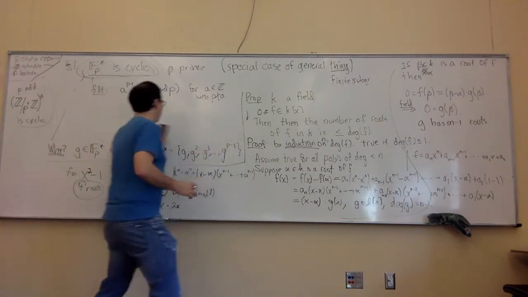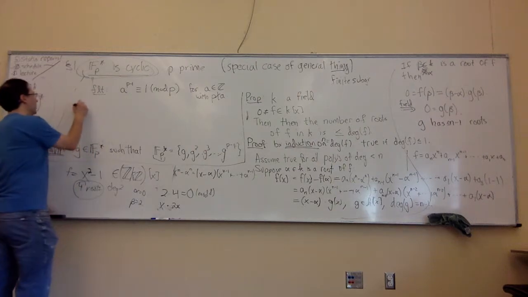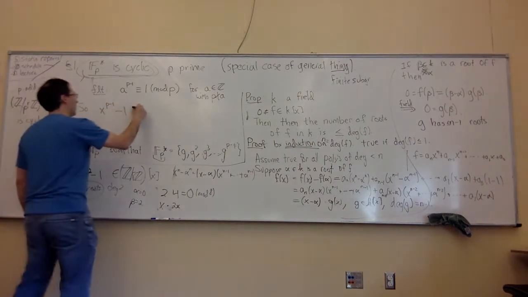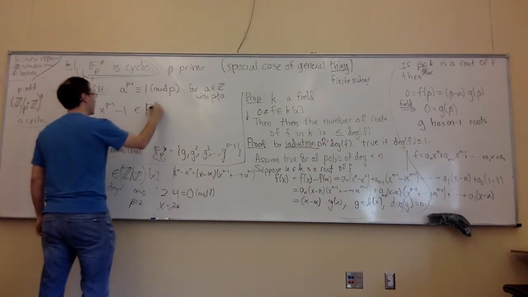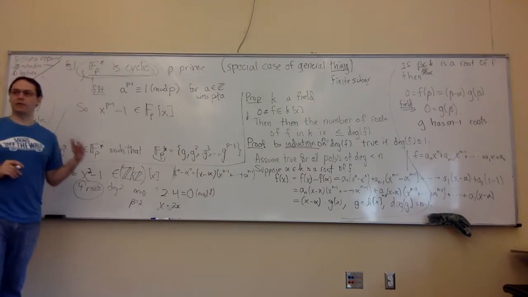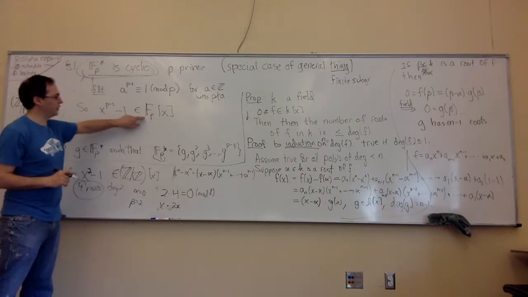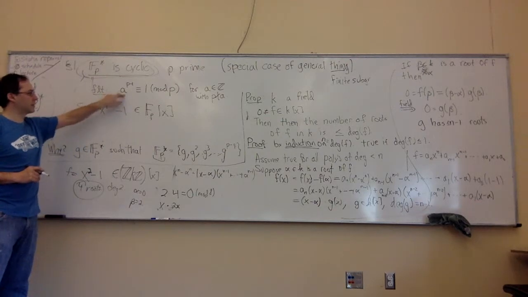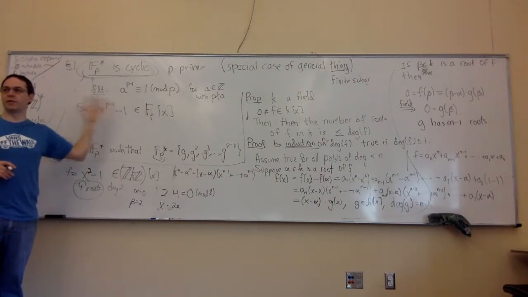Well, it tells us that the polynomial x to the power of p minus 1 minus 1, which is in F_p adjoint x, has a lot of roots. Namely, every single non-zero element of F_p is a root of this polynomial. Because that's literally what Fermat's little theorem says.